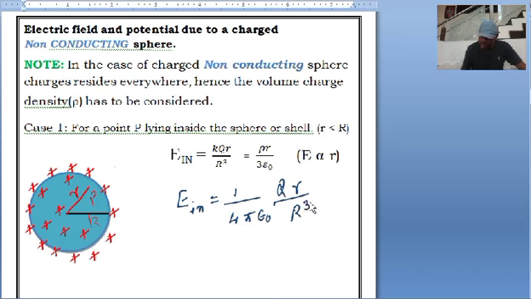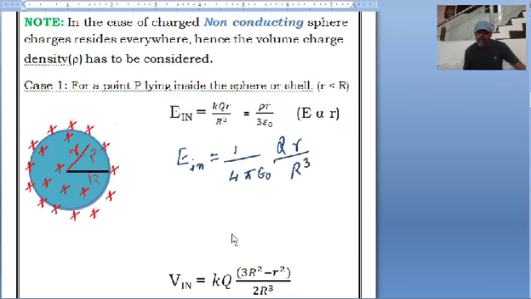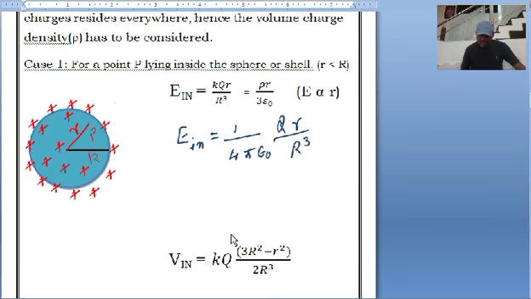Now if I want to write the same equation in terms of rho, I will divide by 3 here and multiply by 3. So 4 by 3 pi R cube represents the volume of the sphere, and in the numerator we have got charge.